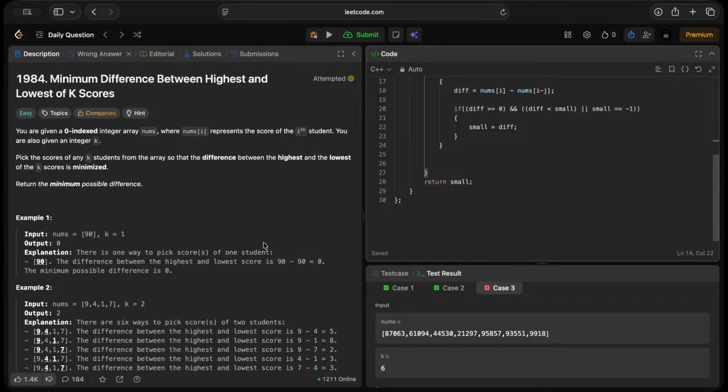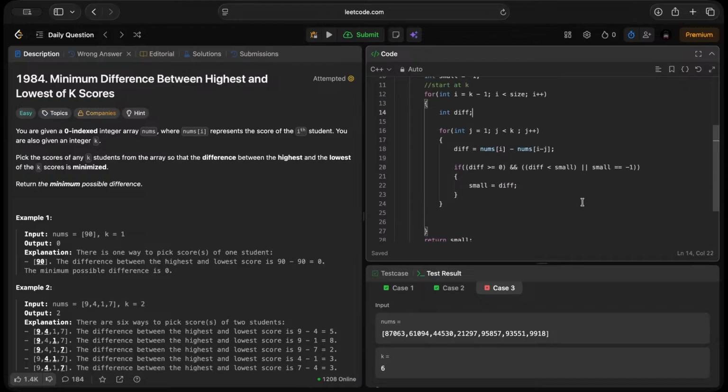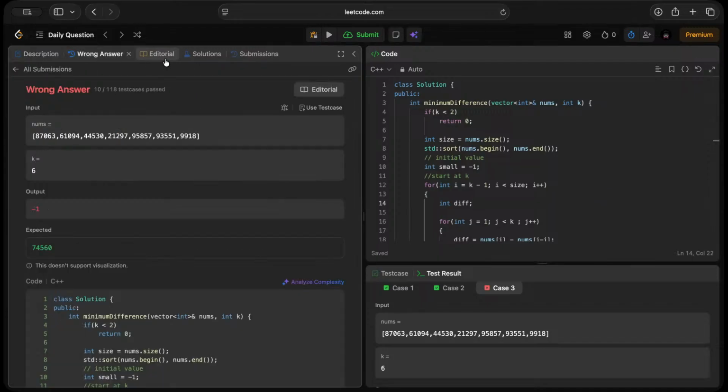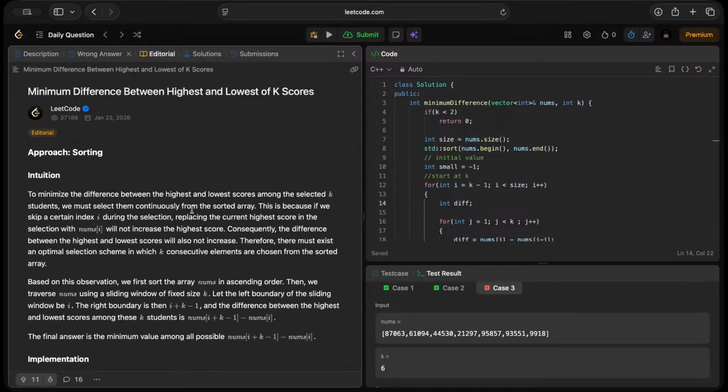I think I just don't understand the question, honestly. I'm not quite sure what they're asking for. Here's an editorial.